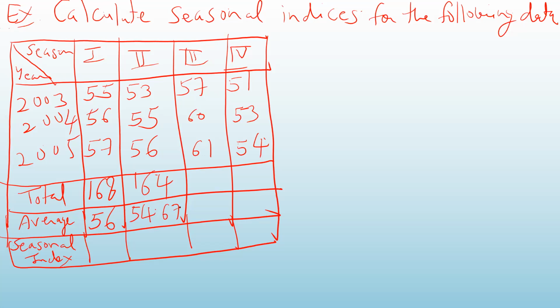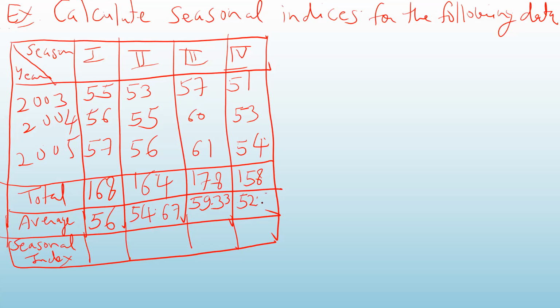That will give you 178. Divide by 3 will give you the average, that is 59.33. Fourth season, it is 51 plus 53 plus 54, that gives you 158. Divide by 3 will give you 52.67.